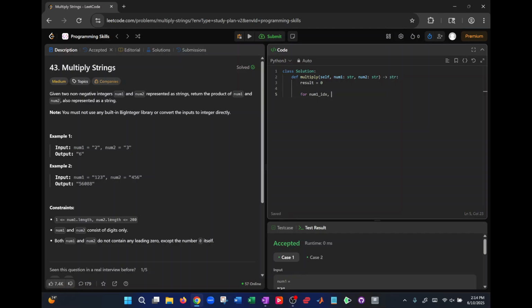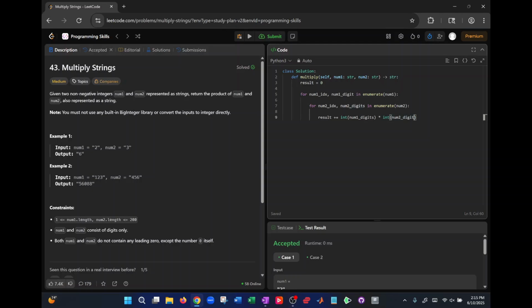So for the index and digit in num1, and for the index and digit in num2, basically what we need to do is take the result and add, first we can convert the digits into integers and multiply them together.